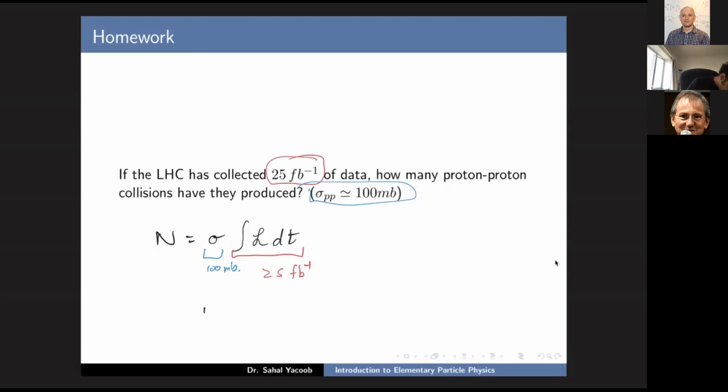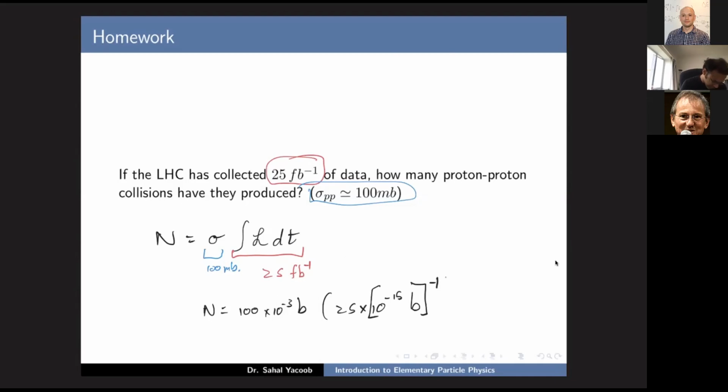But if we do it simply, we get N equals 100 times 10 to the -3 barns, and then we're multiplying that by 25 times 10 to the -15 inverse barns.